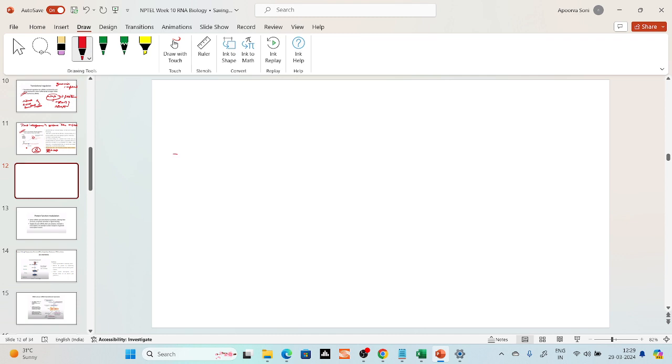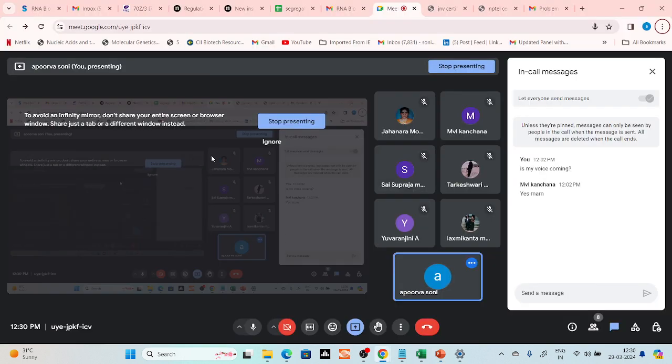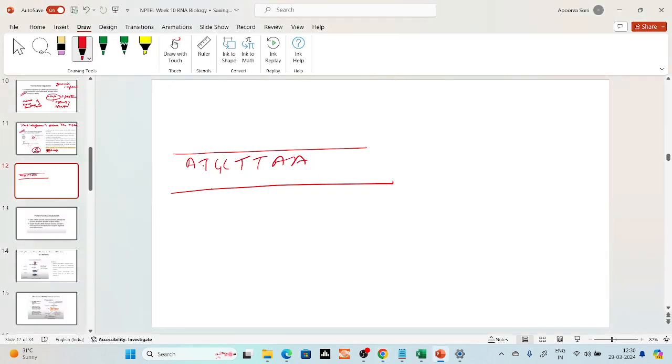Okay, so this is RNA. It has A, T, G, C, T, T, A, whatever it is. This is another RNA. This hairpin RNA loop can pair with this. Yes, hairpin loop. That is also a stem loop structure only, correct?